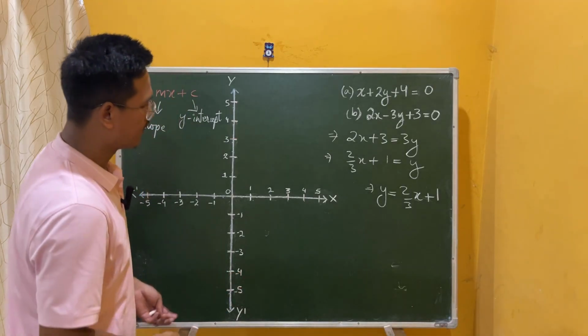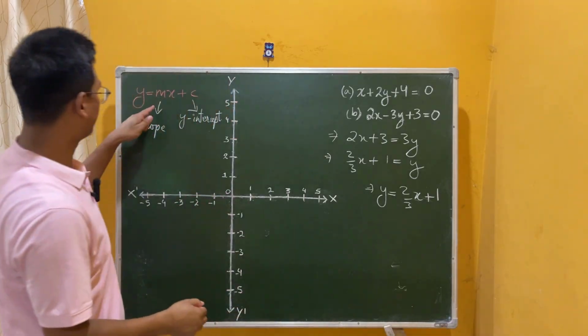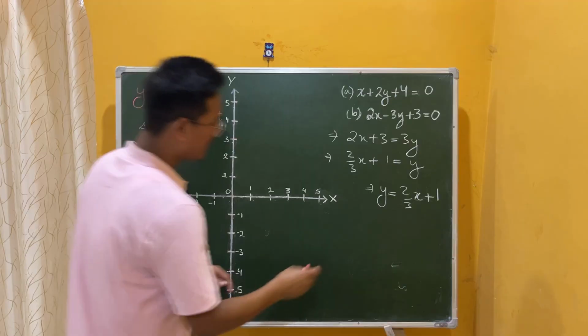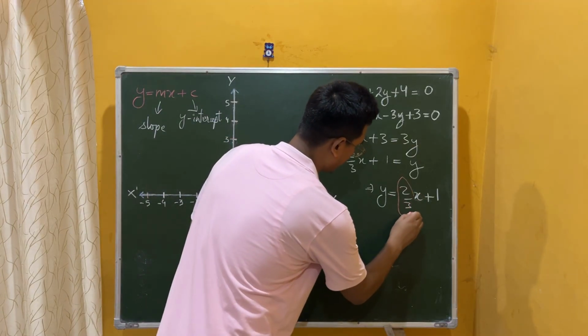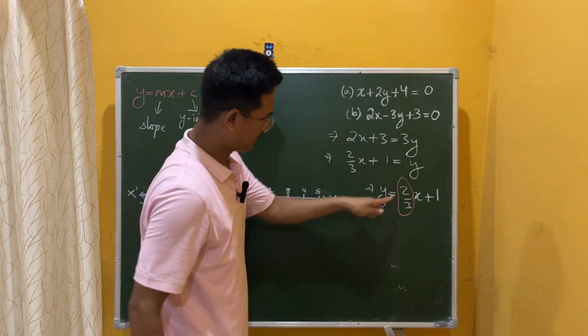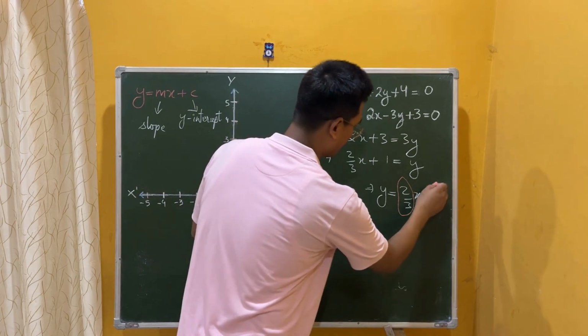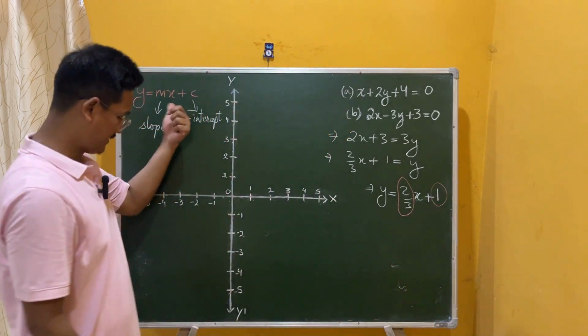Right now, if you compare with y equals mx plus c, the coefficient of x is your m and the constant part is your c.